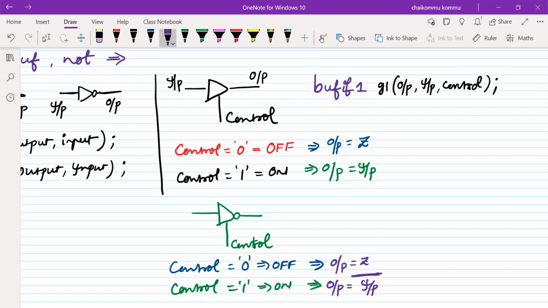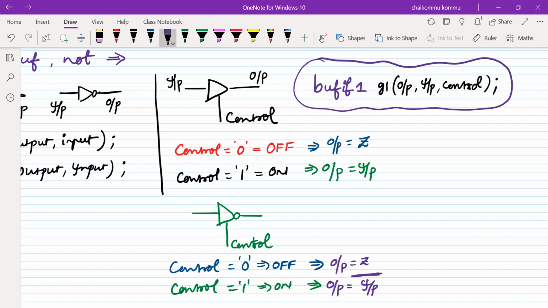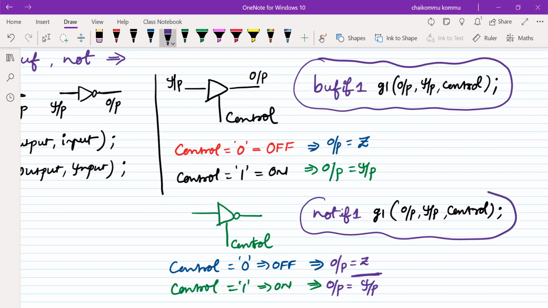Similarly, it's not buffer for the NOT gate, we have to use notif1. So with notif1, the name is G1, for example, I need to write the output first, then the input, and the control signal is the last thing that I need to write. So this is what we need to write in Verilog if you want to use the tri-state buffers.